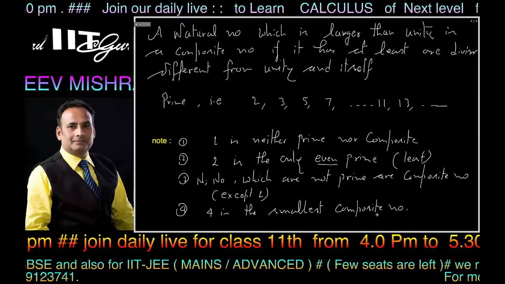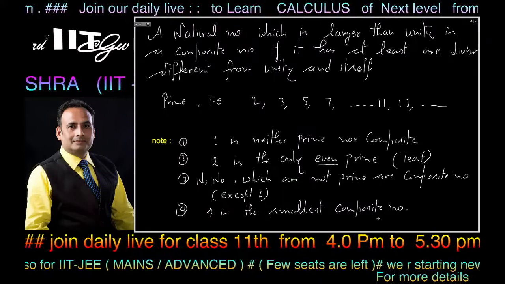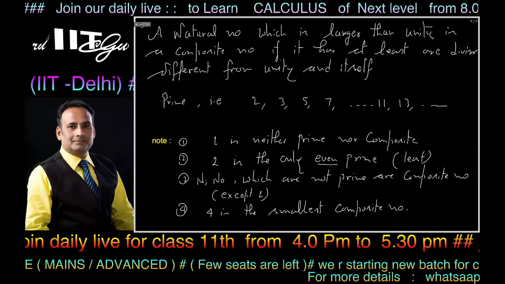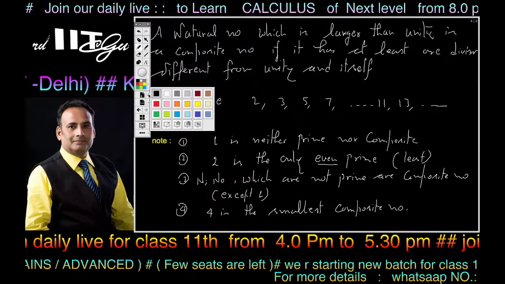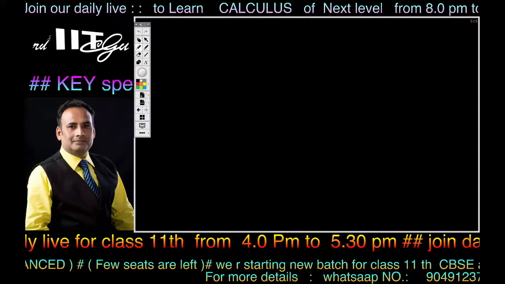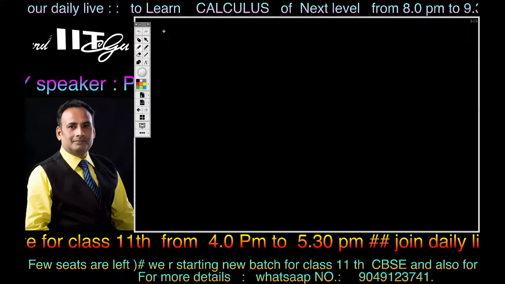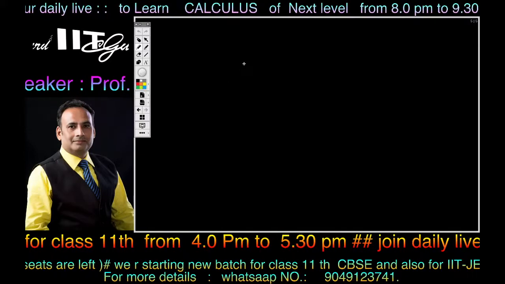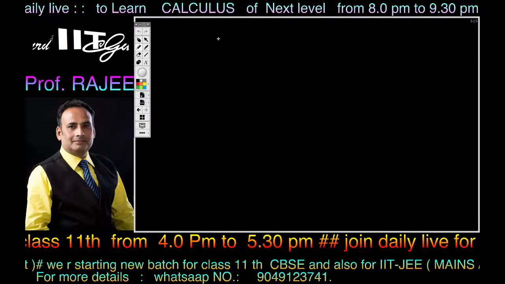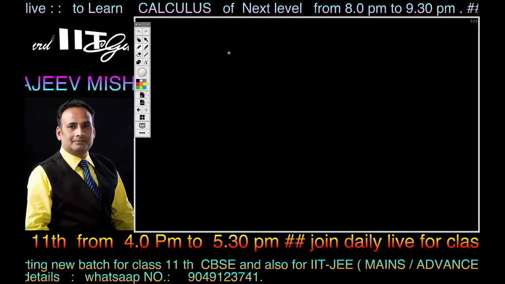We'll go ahead further. If you have any doubt, you can ask here. One thing I want to tell you about is how to detect prime numbers. If you write the numbers consecutively from 1 to 100, all integers, how will you detect how many prime numbers there are?